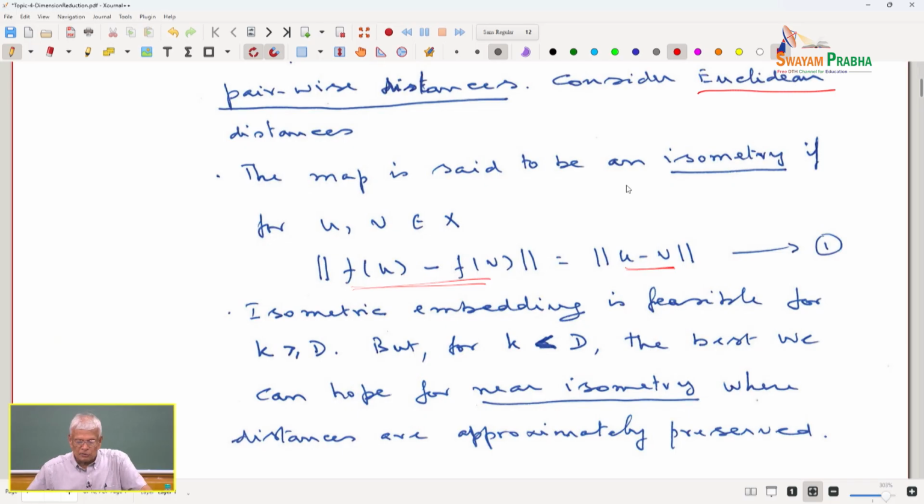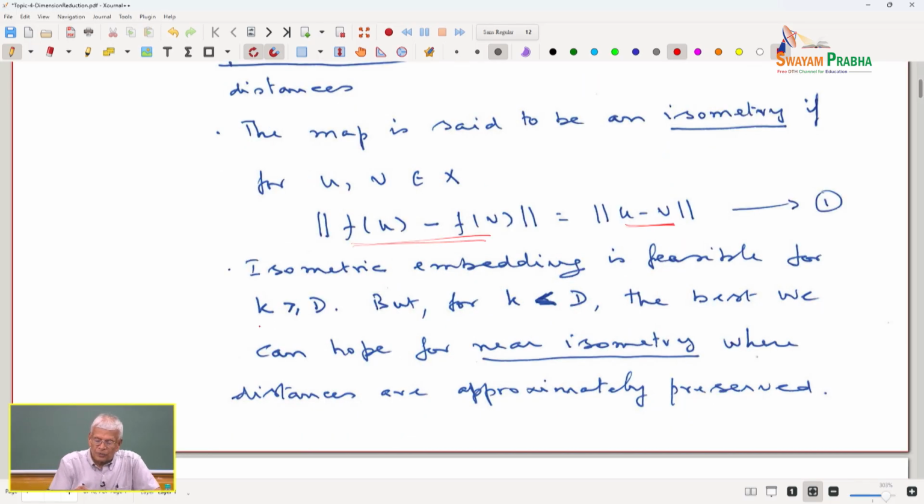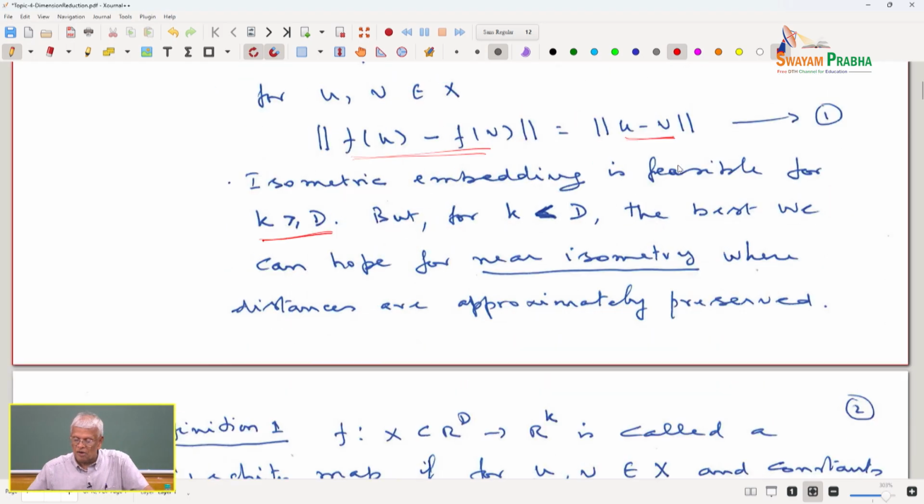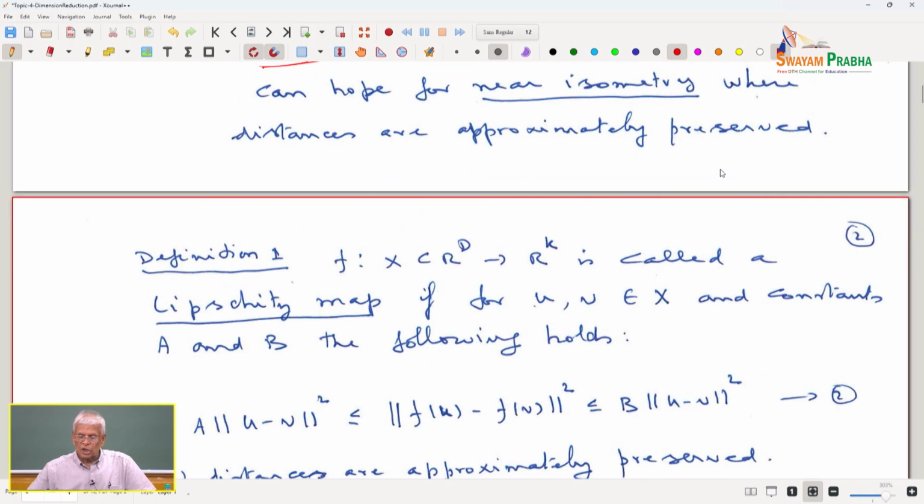This may be a little bit of a repetition, but it's worth it. Isometric embedding is feasible when k, the target dimension, is greater than or equal to D, but for k less than D, the best we could hope for is near isometry, where the distances are approximately preserved.